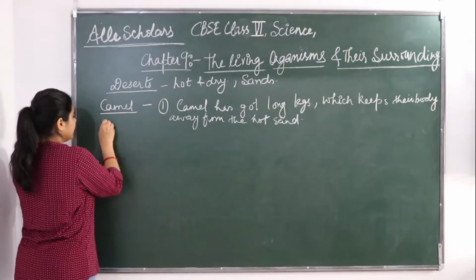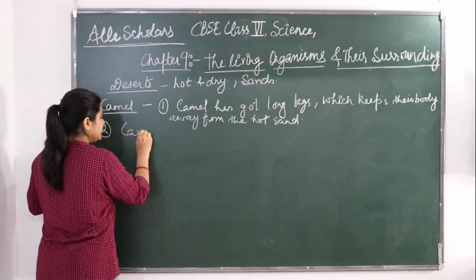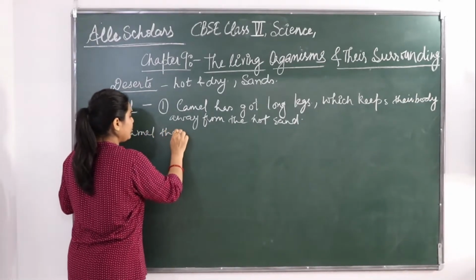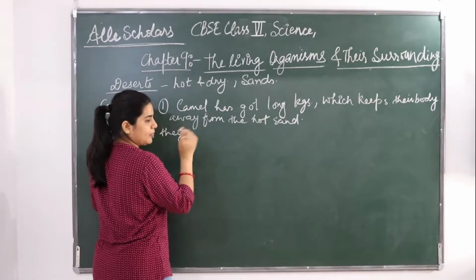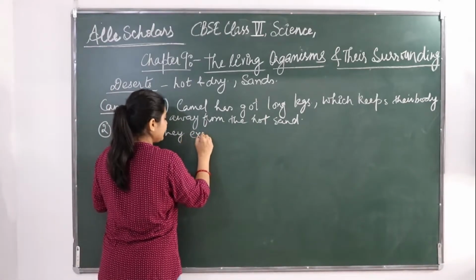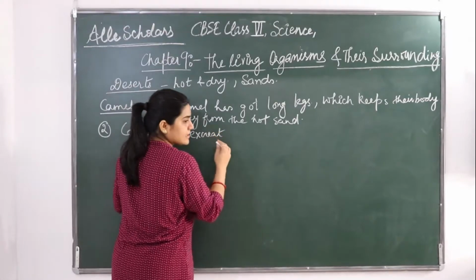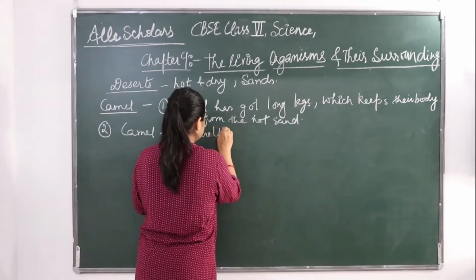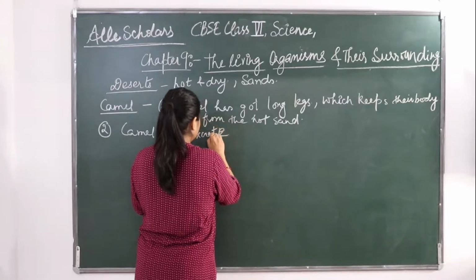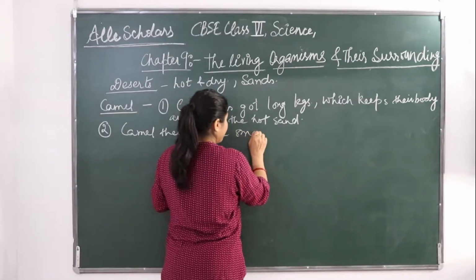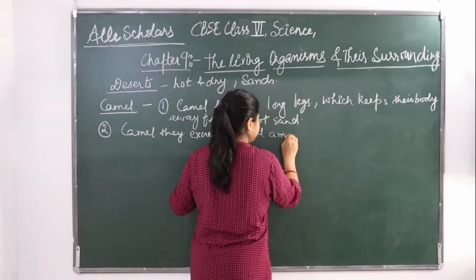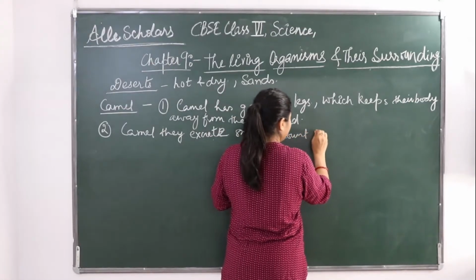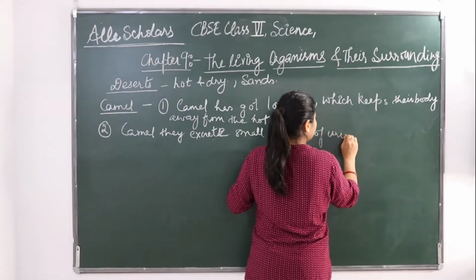Next, these camel, they urinate in the small amount. Okay, they excrete. You can say their excretion, excrete small amount of urine. So what happens?